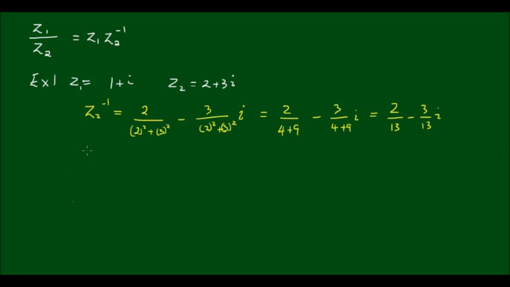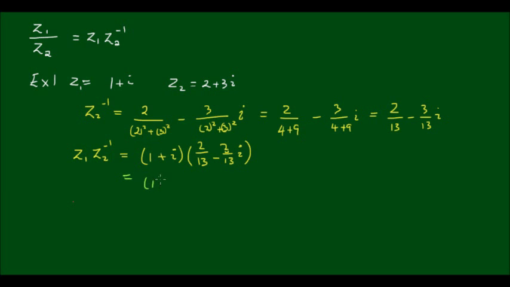Now to evaluate the quotient, I can then find z1 times z2's inverse, which is equal to 1 plus i times 2 on 13 minus 3 on 13 i, and then distribute this out to find the quotient.